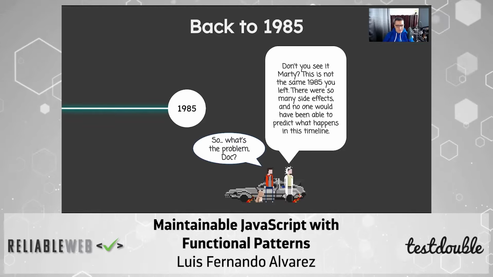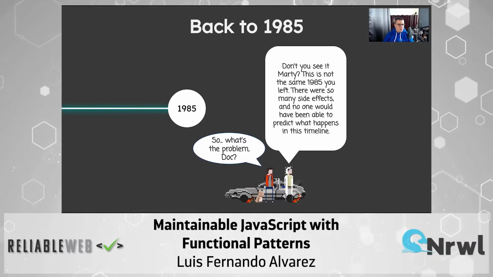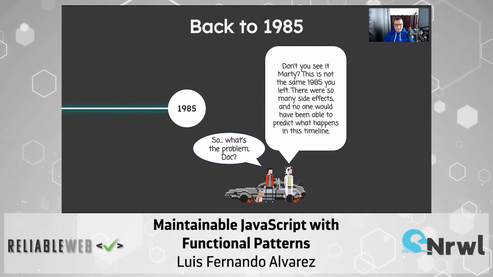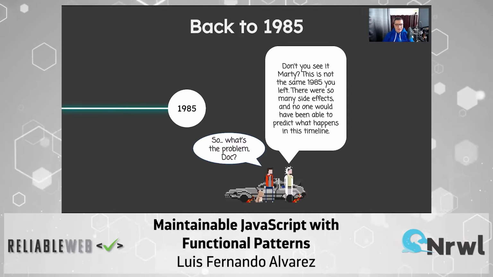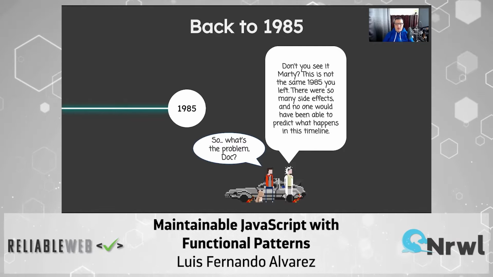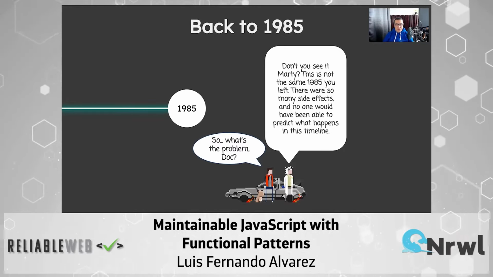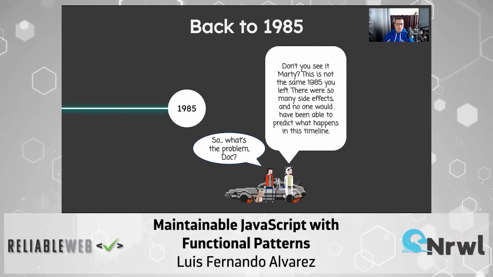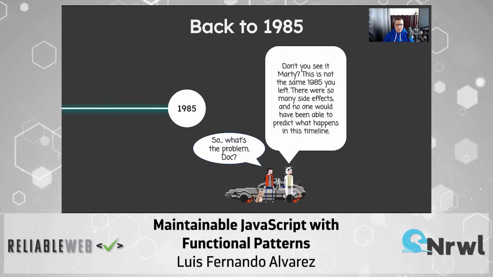There were so many side effects, and no one would be able to predict what happened until they came back, right? So just a little analogy here on what we want to achieve with our languages, right? With our programs, and how we want them to behave over time.